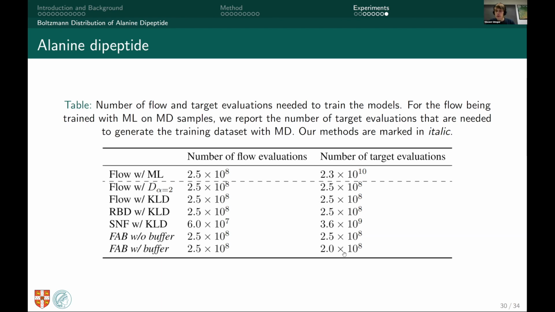And then the other important ingredient is the number of target evaluations. This is the thing which was already asked before, like evaluating the energy, evaluating the forces. This is the expensive part. So this is the thing we want to minimize.